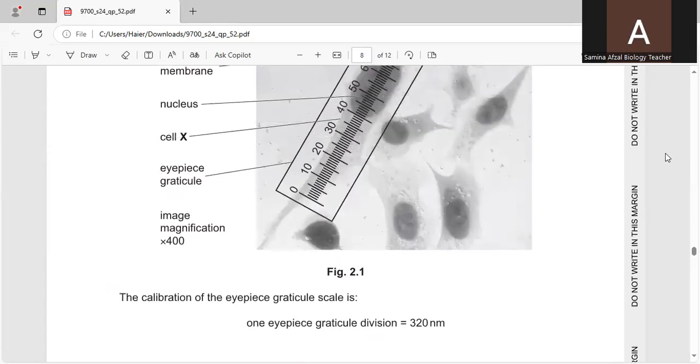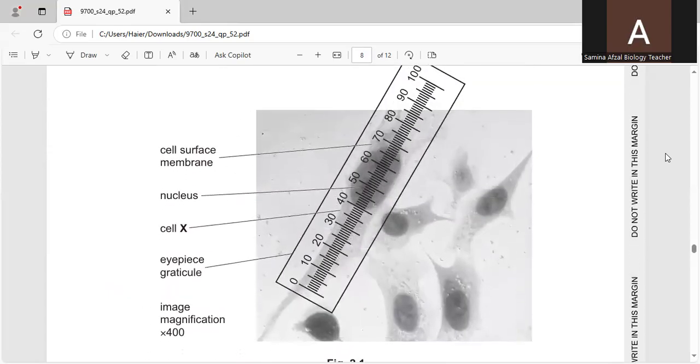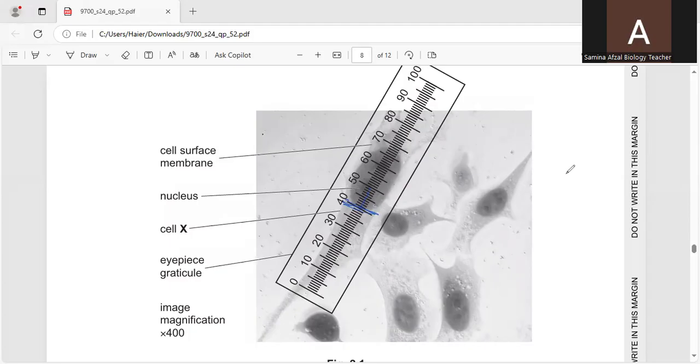So we are moving back. First of all, we have to count the points in the scale. It starts at 40 and then it ends, these are 10, 20, and it is ending over here.